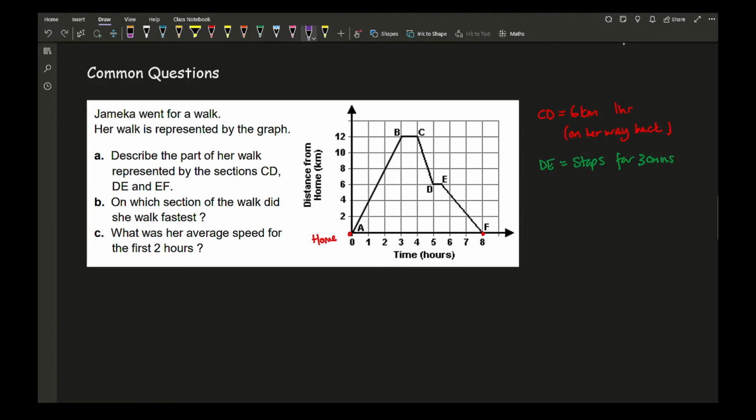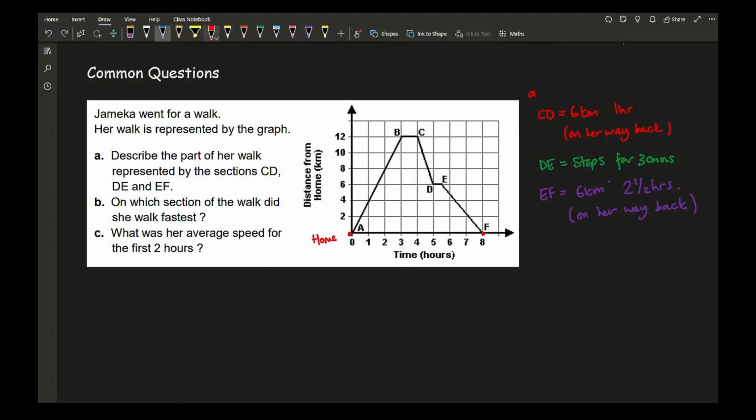And then E to F she then continues on her way home, and she's travelling for 6 kilometres, because we're doing 6 take away 0, so it's 6 kilometres, and it's taken her 2.5 hours to get back. And again, she's on her way back. So that is what you generally write for part A.